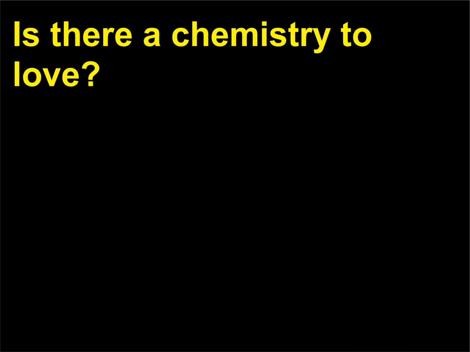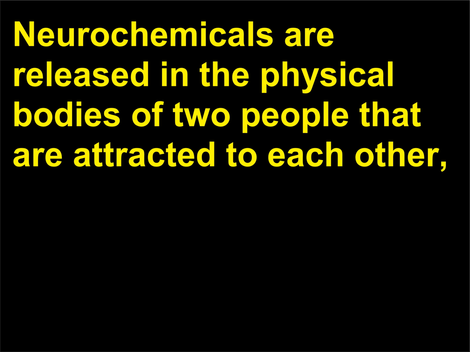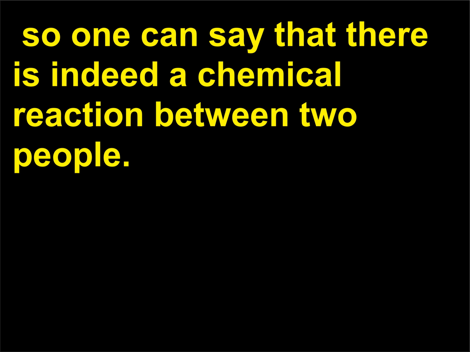Is there a chemistry to love? Neurochemicals are released in the physical bodies of two people that are attracted to each other. So one can say that there is indeed a chemical reaction between two people.